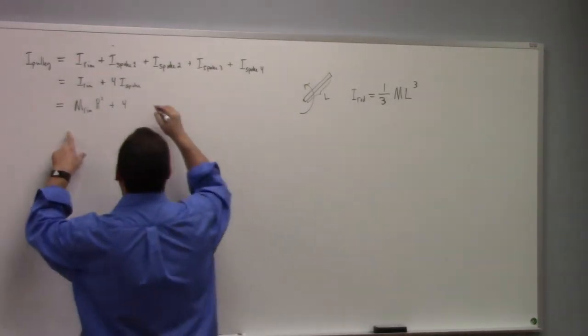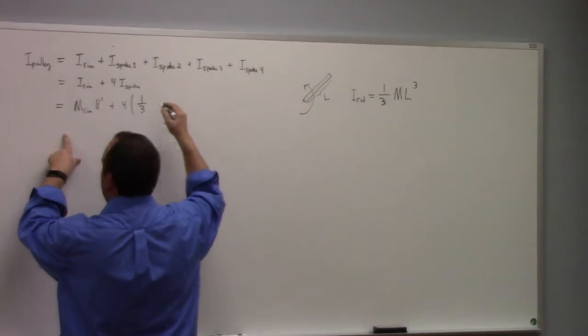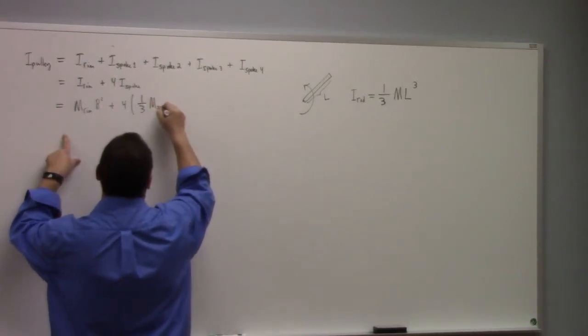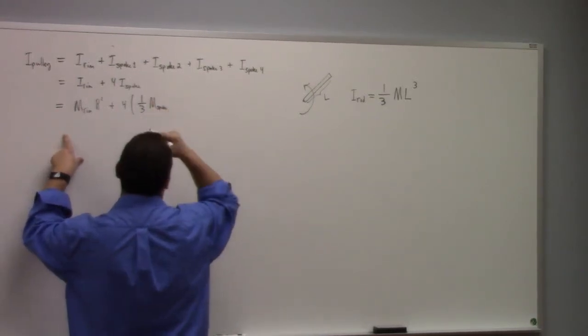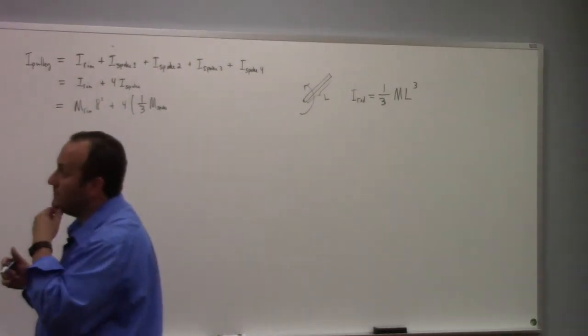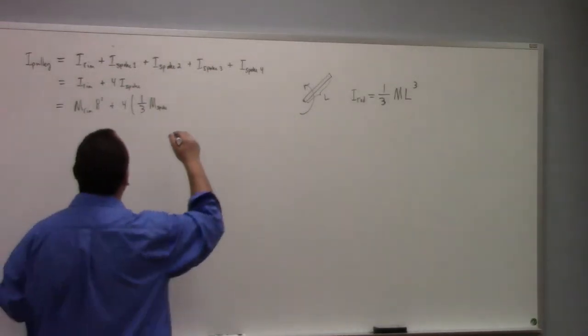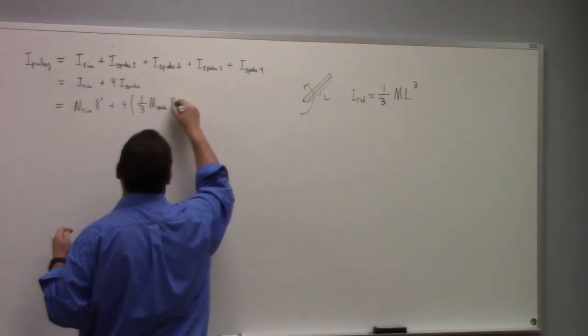Anyway, so we have 4 times 1/3, mass of the spoke, and then L cubed. Now, what is L, though? Oh, I guess L is the radius again, isn't it?